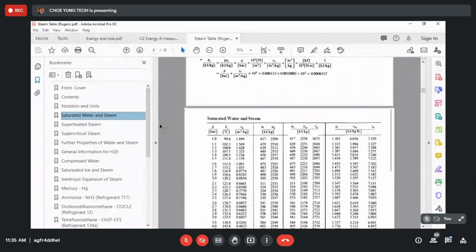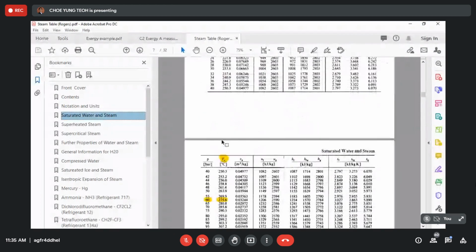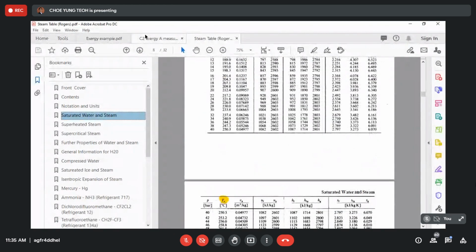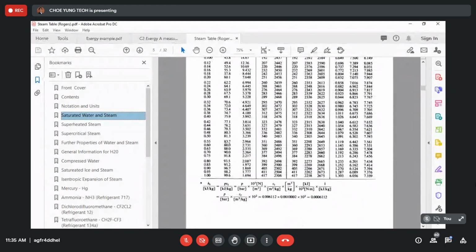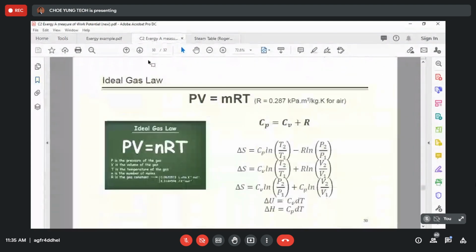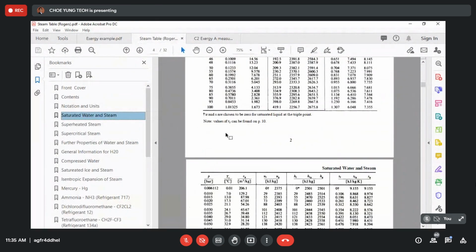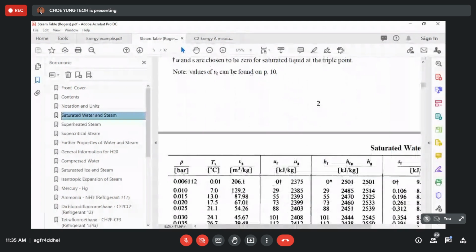Okay, so then we refer to the pressure, because the temperature only goes up to 100 degrees Celsius. The pressure we have is 6 megapascal. From here, the unit is bar, so 6 megapascal converted to bar is 60 bar.